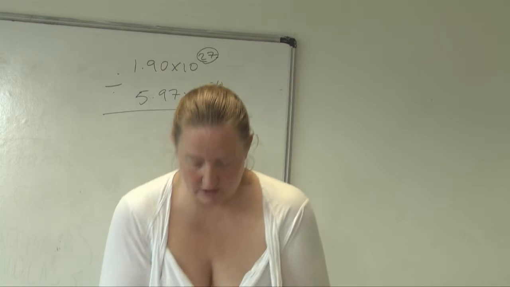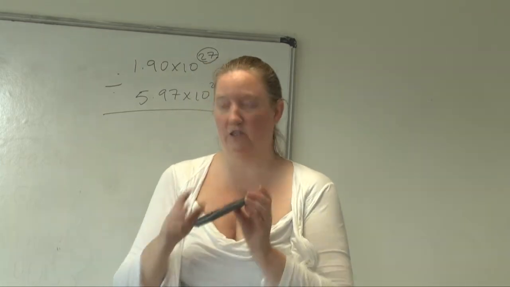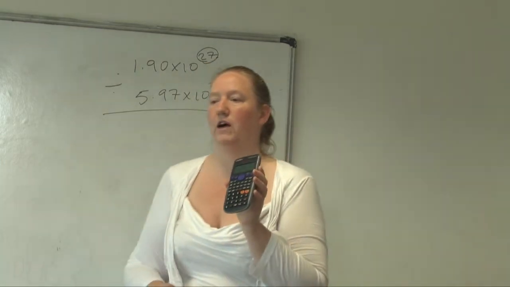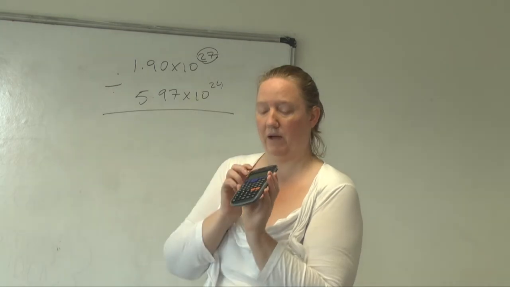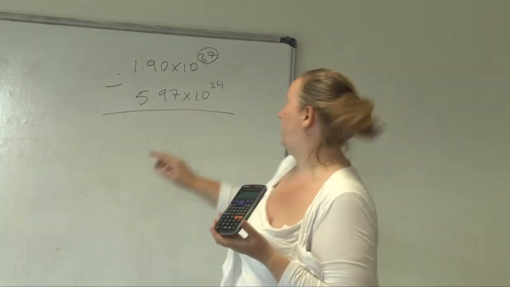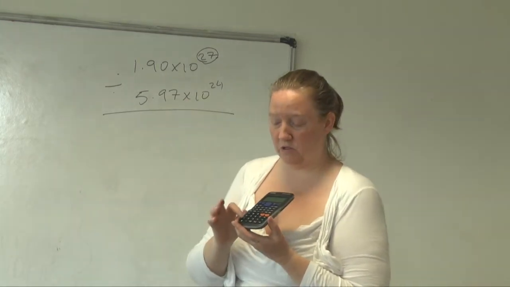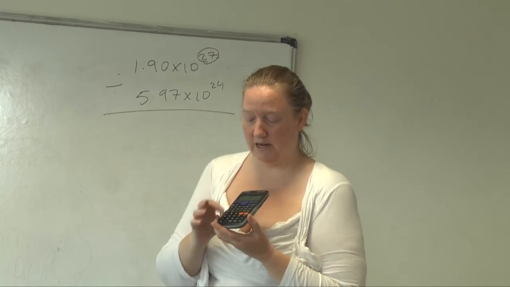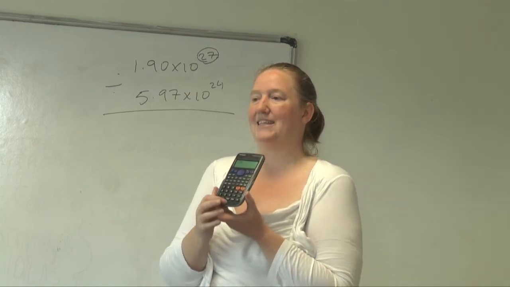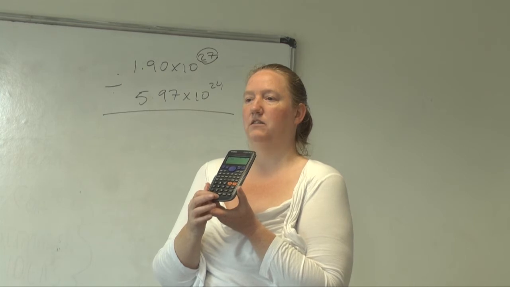Now, to do that on your calculators, follow along with me doing this. So the first one, 1.90, so you press 1.90, and you see the X10^x button here at the end.